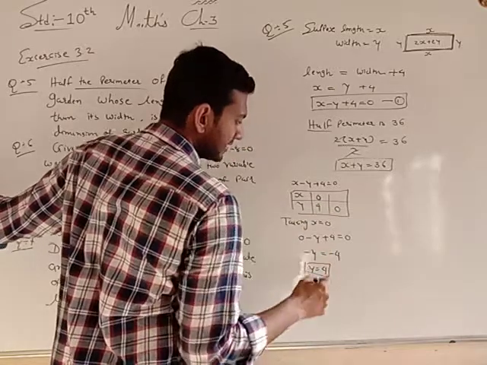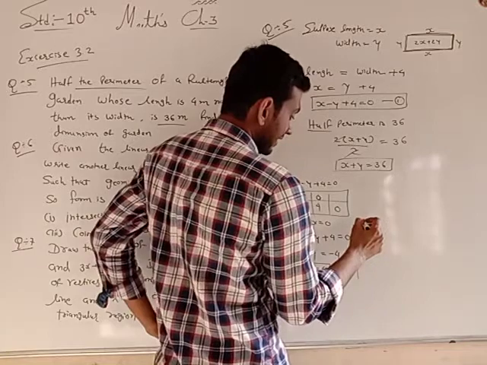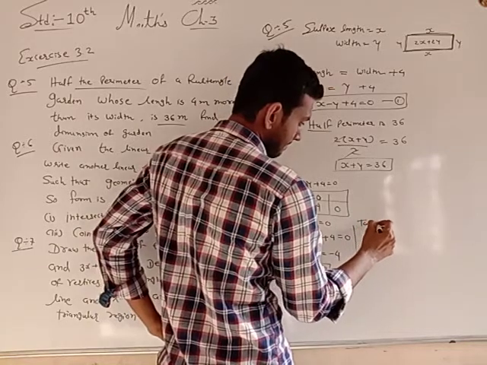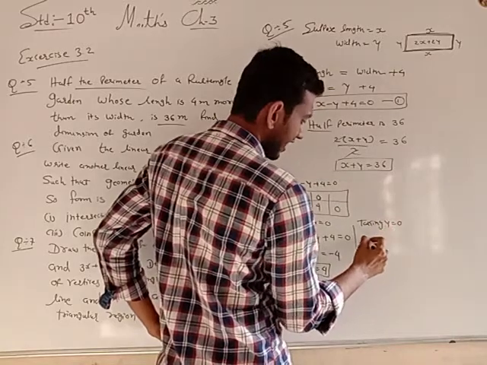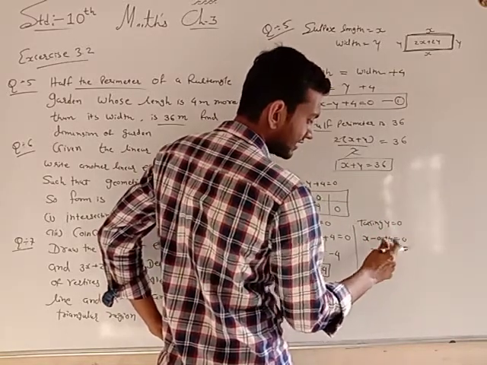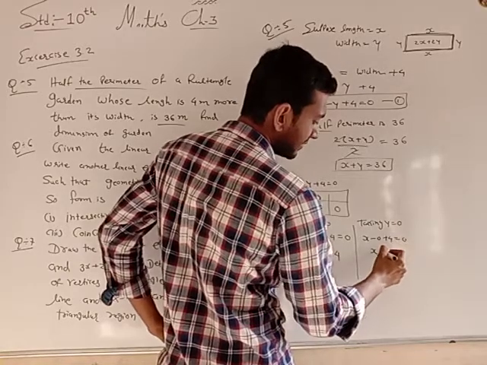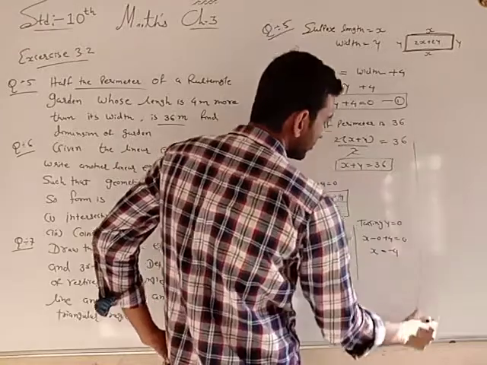Your first solution. In your second solution, taking y is equal to 0, you get x minus 0 plus 4 is equal to 0. x plus 4, move to the right side it becomes negative, so x is equal to minus 4. You get the two solutions.